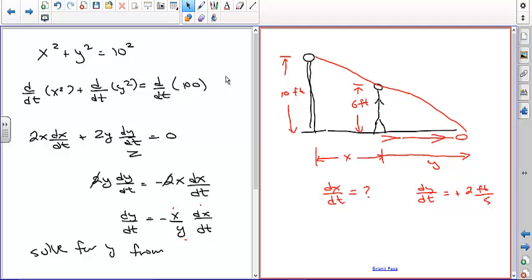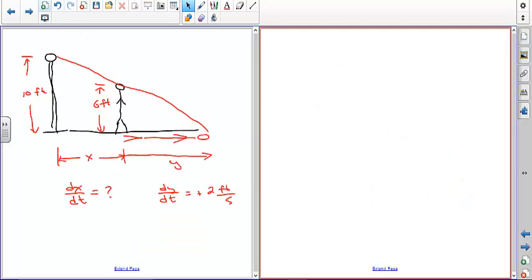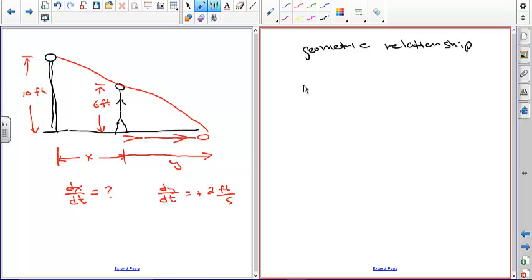So all the angles are the same. So in this case, the geometric relationship that relates the distances is similar triangles.